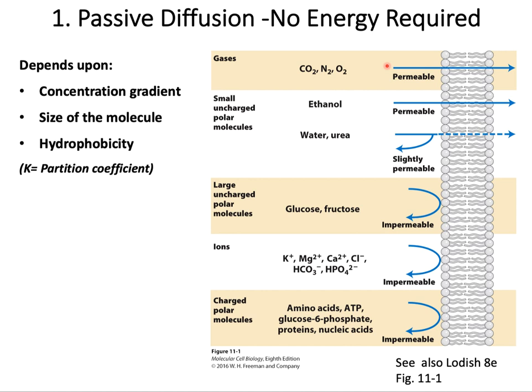Small uncharged polar molecules such as ethanol to some extent, water, and urea can cross membranes, although not very easily, by passive diffusion. So these substances will move from a region of higher concentration through the lipid bilayer to a region of low concentration on the other side of the lipid bilayer.